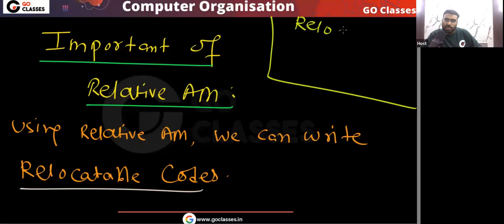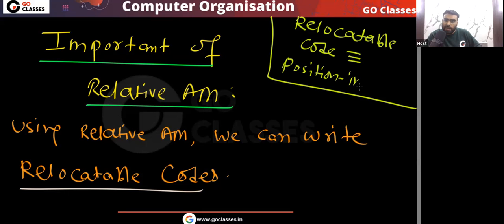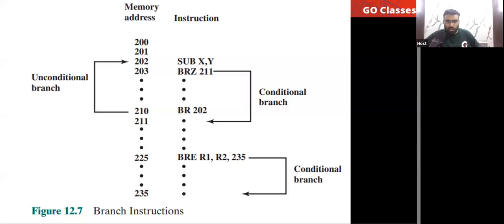When I say relocatable code, that means position independent code. Okay, see, let me explain. I am giving you two codes.